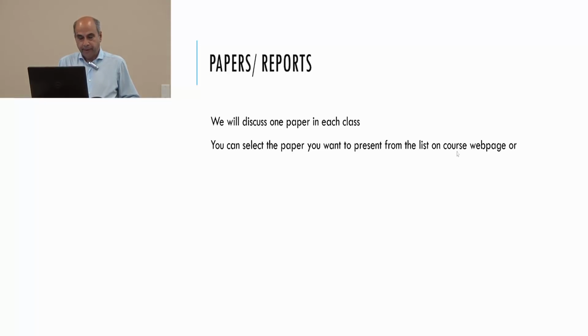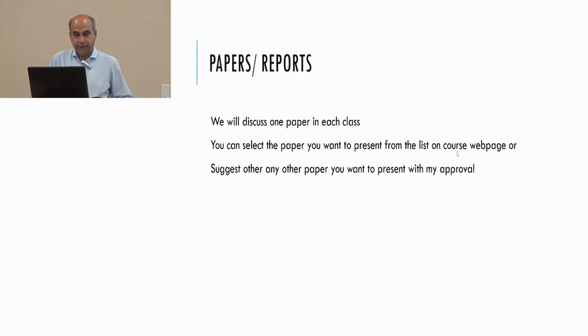I'll show you that. You can select a paper from that and let me know when you want to do it. Or you can suggest a paper yourself if you are interested in a particular paper and get my approval, then you can do that also. These papers have to be related to computer vision and deep learning, and be from the major conferences.